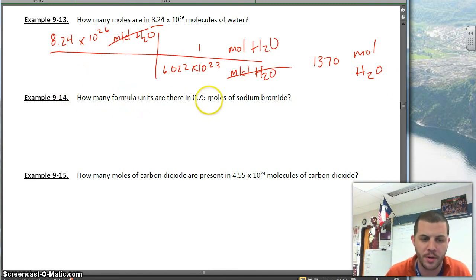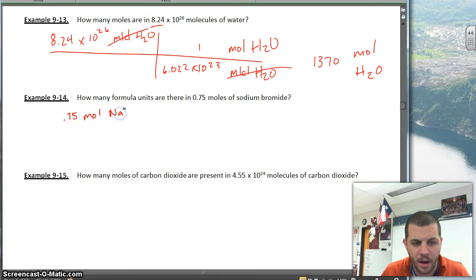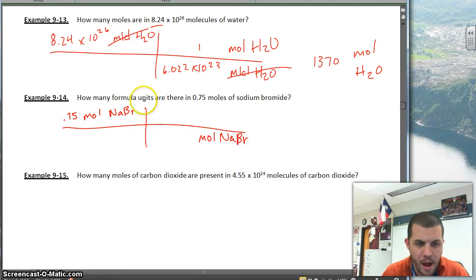How many formula units are there in 0.75 moles of sodium bromide? I've got 0.75 moles of NaBr, sodium bromide. Bring moles of sodium bromide down. I'm going to formula units of sodium bromide.